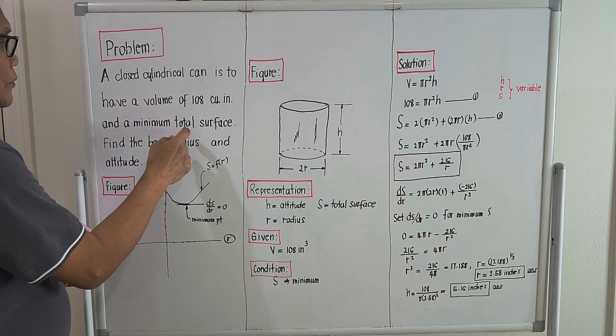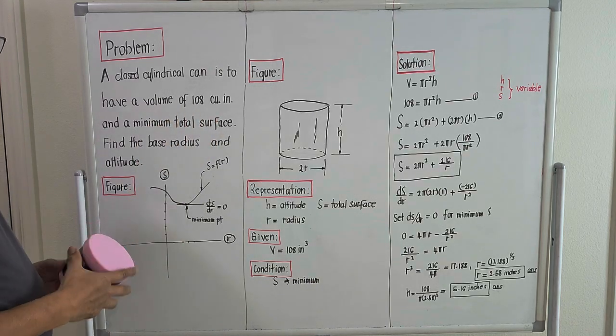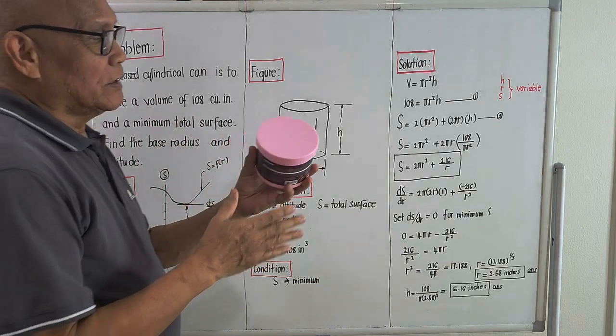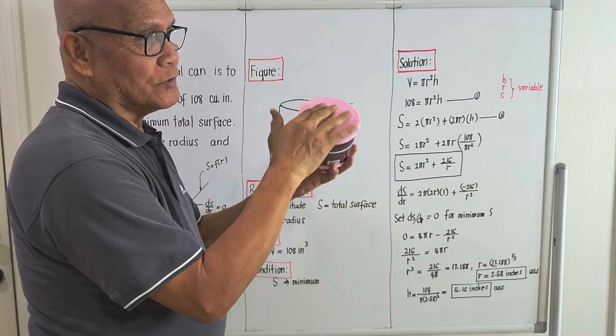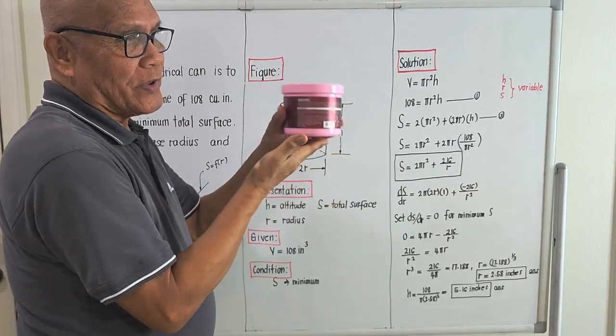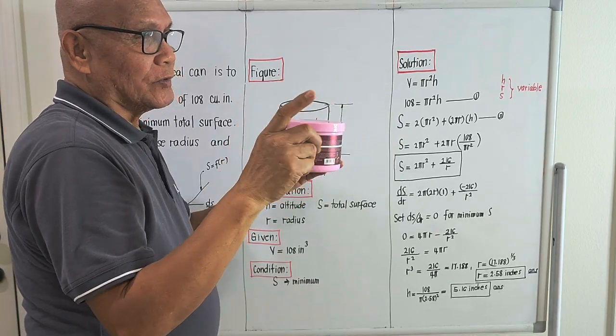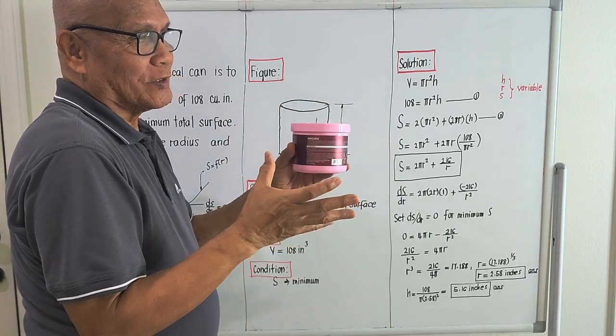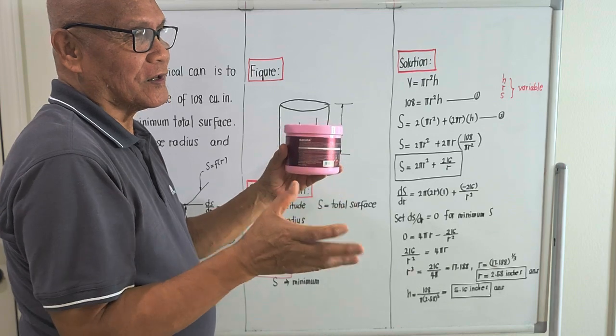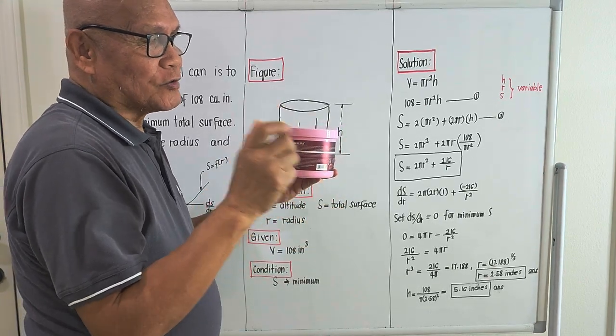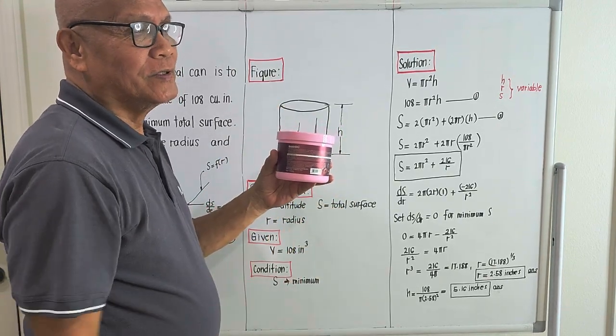And a minimum total surface. Total surface means the surface at the top portion, the surface at the bottom, and the curved side. The condition is that if we manufacture this cylindrical can, the total surface should be minimum. Why minimum?